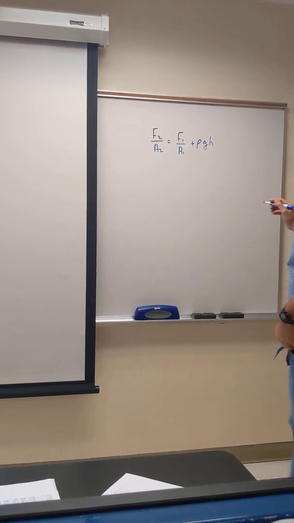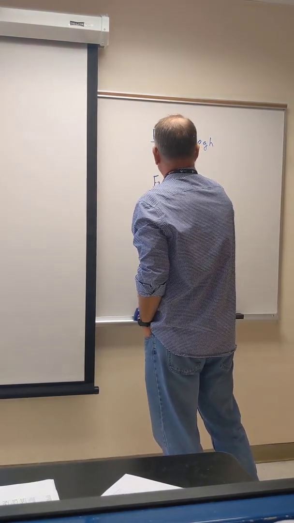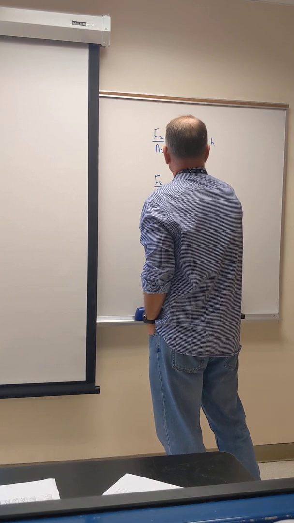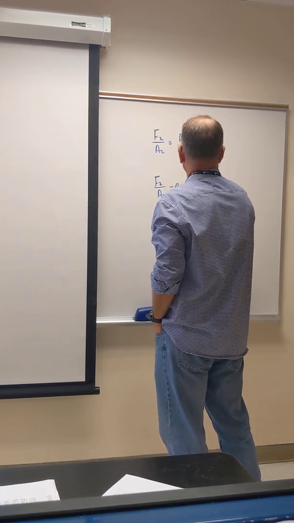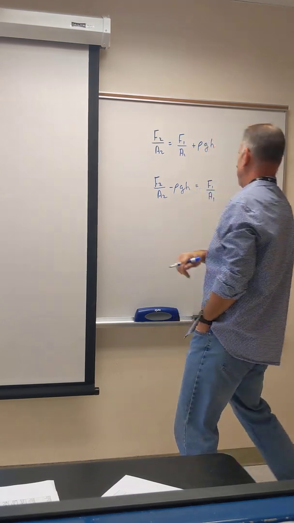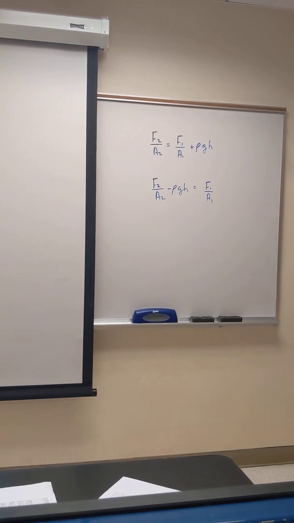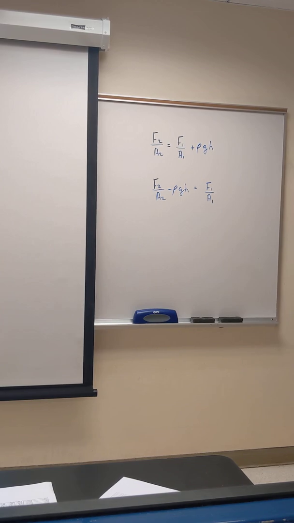Subtract the rho GH. So F2 over A2 minus rho GH equals F1 over A1. You guys okay with that? All right. Now if I want F1 all by itself, remember, what is the force I need to put in to the input piston to move the car? That's the question.